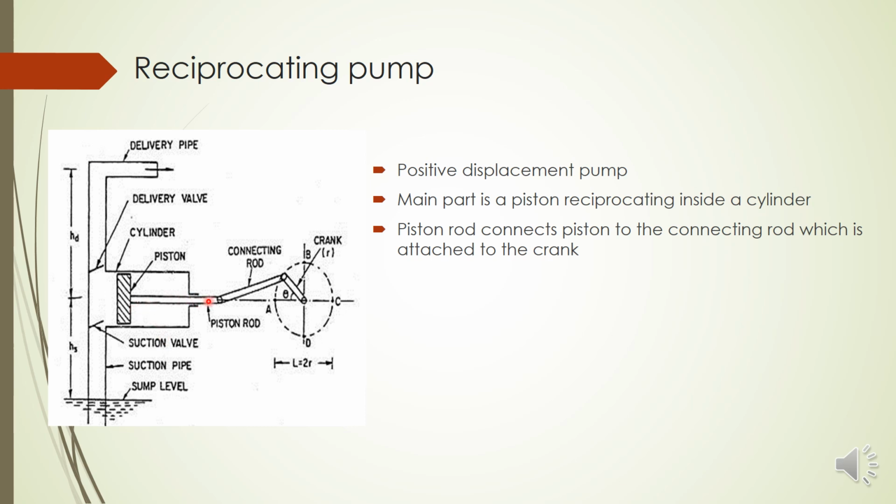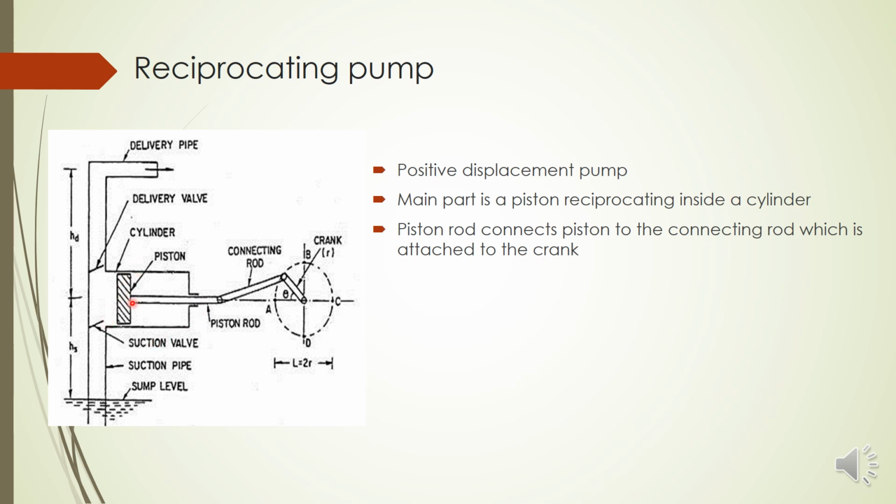We can see a piston rod, this horizontal one. It connects to the crank through a connecting rod. Just like in an IC engine, here we have a connecting rod and crank. But in addition to that, we have a piston rod also. In an IC engine, you will not see a piston rod. You will see only connecting rod and crank. So these are the major parts.